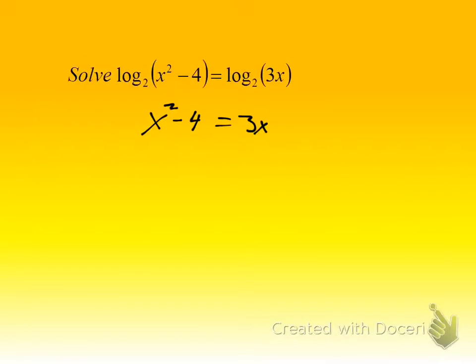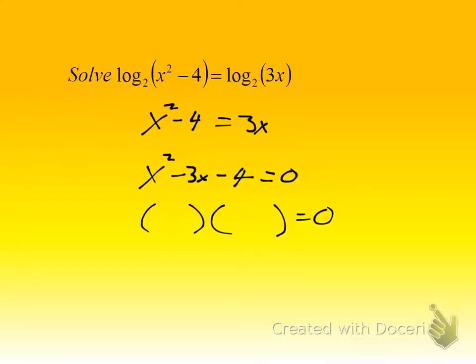So you make it equal 0 and get your two binomials. It multiplies to negative 4 and adds up to negative 3.